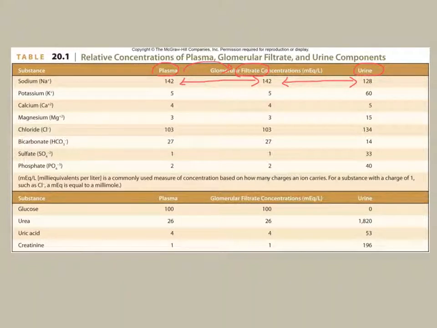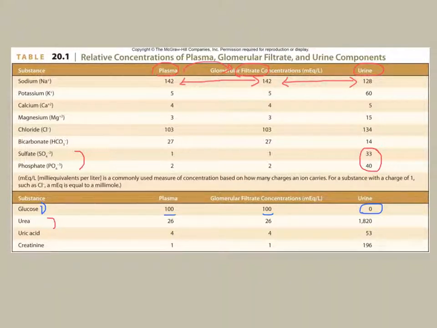So by looking at this chart, you can see that with a substance like sulfate or phosphate or urea, which are all byproducts of the metabolism of protein and are toxic in large amounts, the numbers in urine are much larger than the numbers in the plasma or the filtrate. But for something like glucose, which we don't want to lose because it is so important in keeping all of our cells' metabolism going, it is higher in the plasma and in the filtrate than it is in the urine.